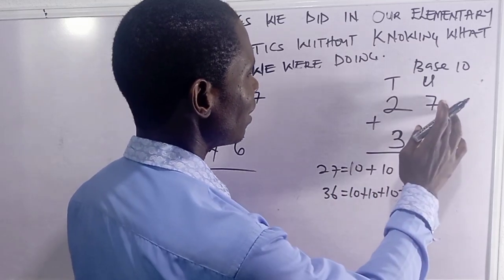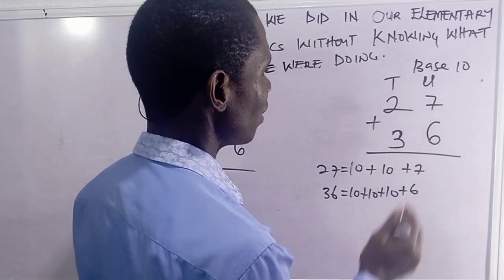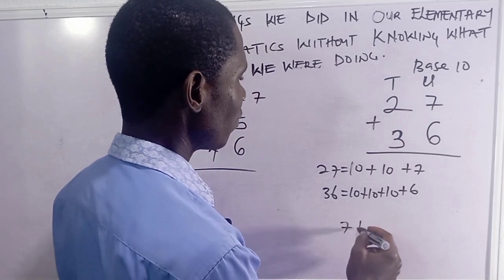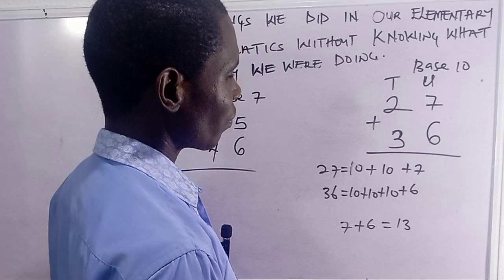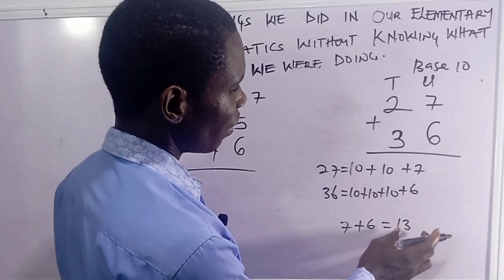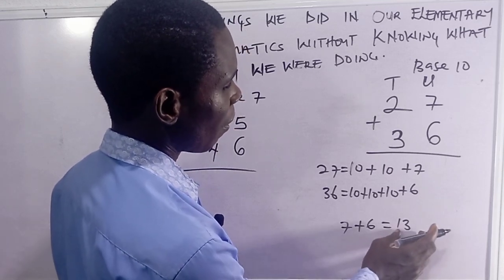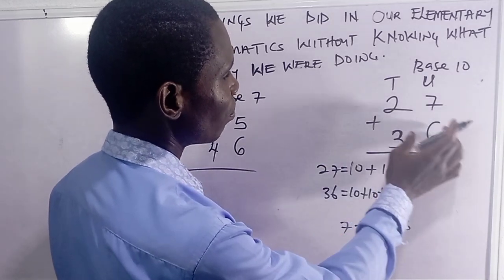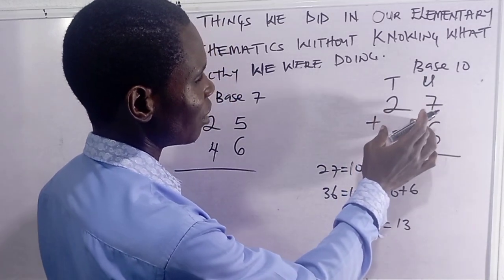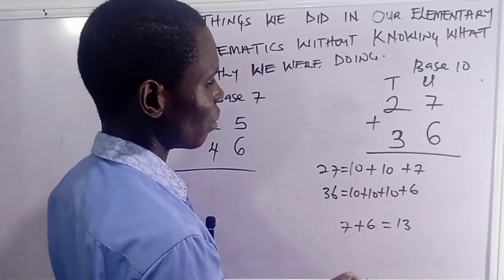But when we now say 7 plus 6 is equal to 13, so 13 is now up to 10 and more, and it cannot be placed here because the bundles of 10 are expected to be placed on the tens column.